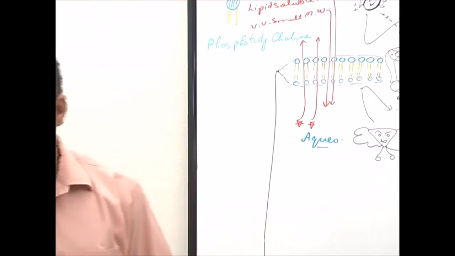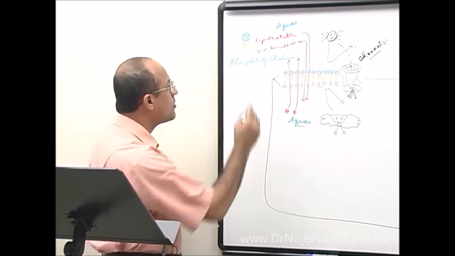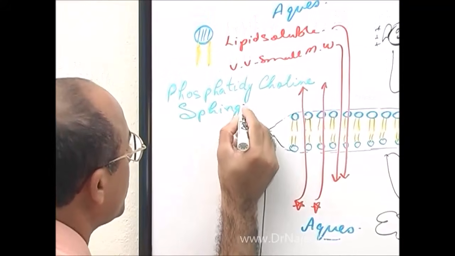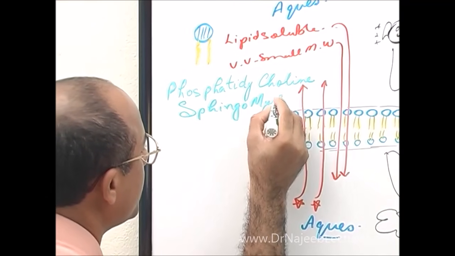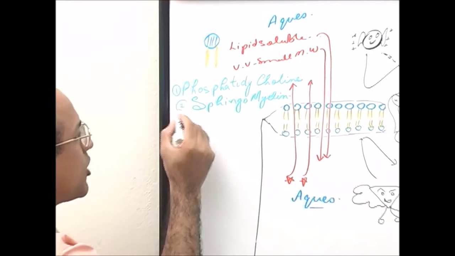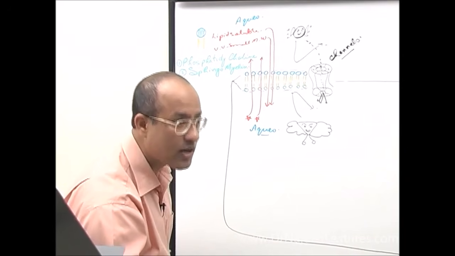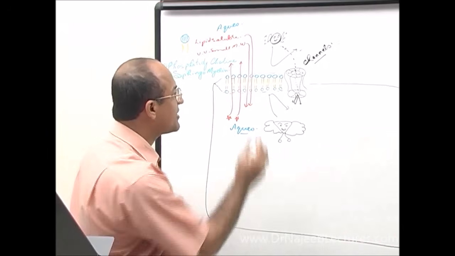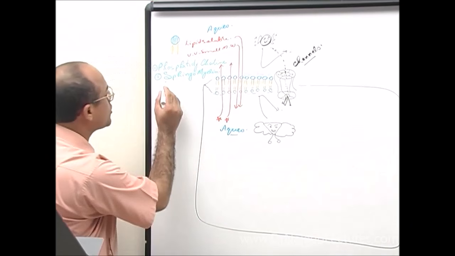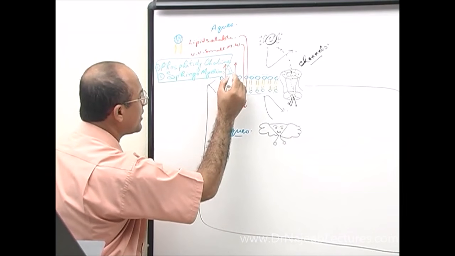With it, there is another friend phospholipid which is called sphingomyelin. So phosphatidylcholine and sphingomyelin are two types of special phospholipids which are abundantly present in the outer leaflet of the cell membrane. These are the two phospholipids which are present in the outer leaflet.